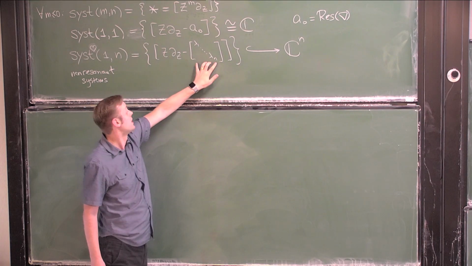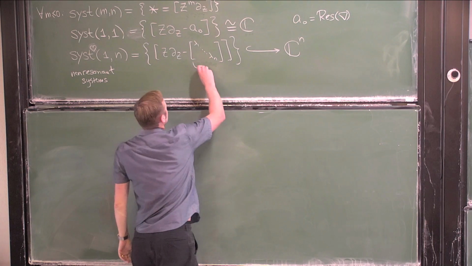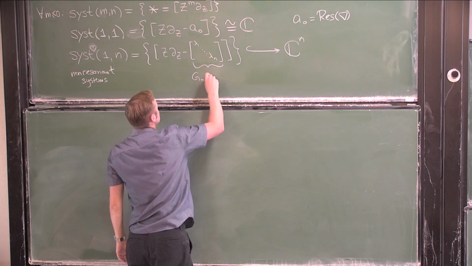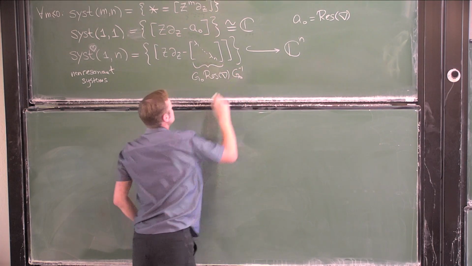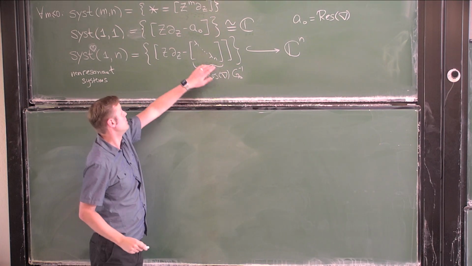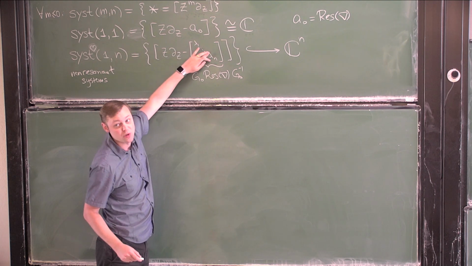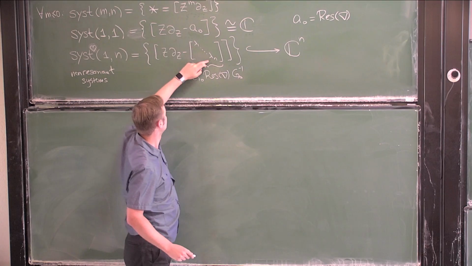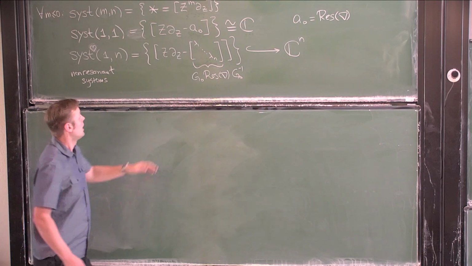So this is just the diagonalization of your residue. If you like, this is G0 res G0 inverse. So this is just the diagonal matrix of local exponents of our system. And then the rest can be removed by a gauge transformation.